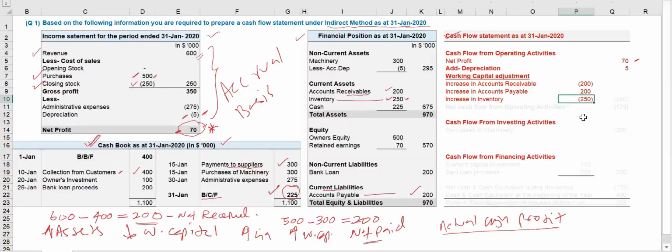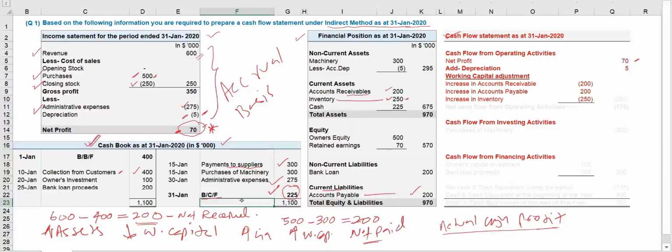So the next item in the income statement is administrative expenses, 275,000. If you look at the amount in the cash book, you can see the actual amount paid is also 275,000. So therefore we can come to a conclusion that this amount is the actual amount paid. There is no payable amount in the balance sheet.